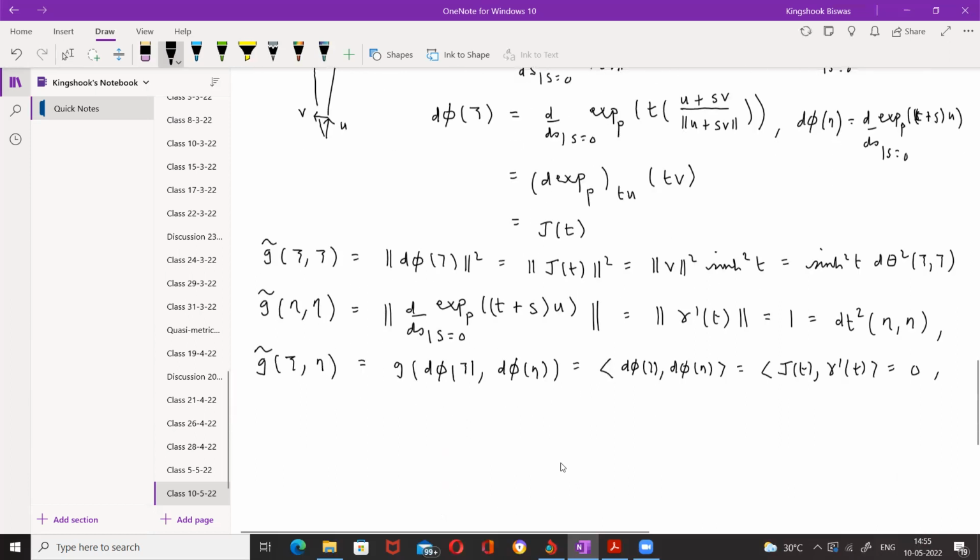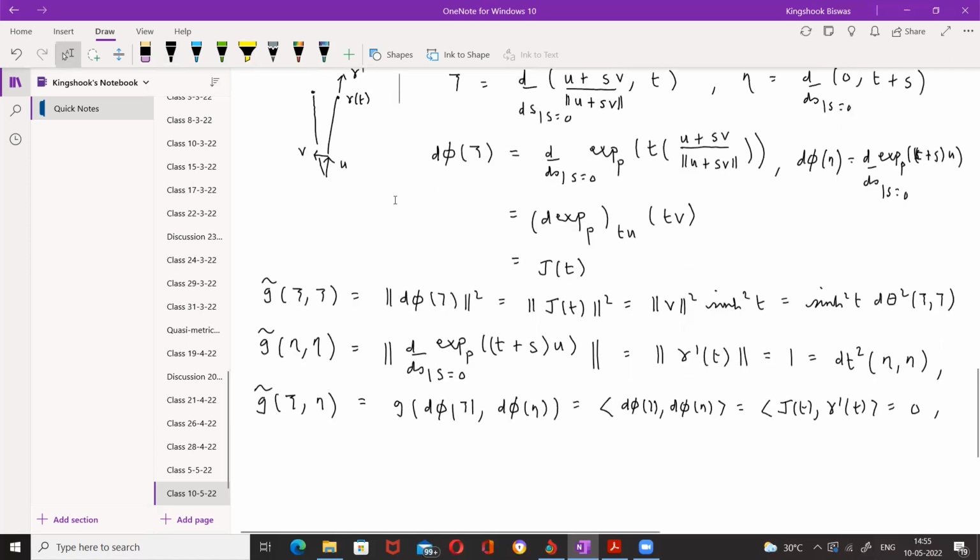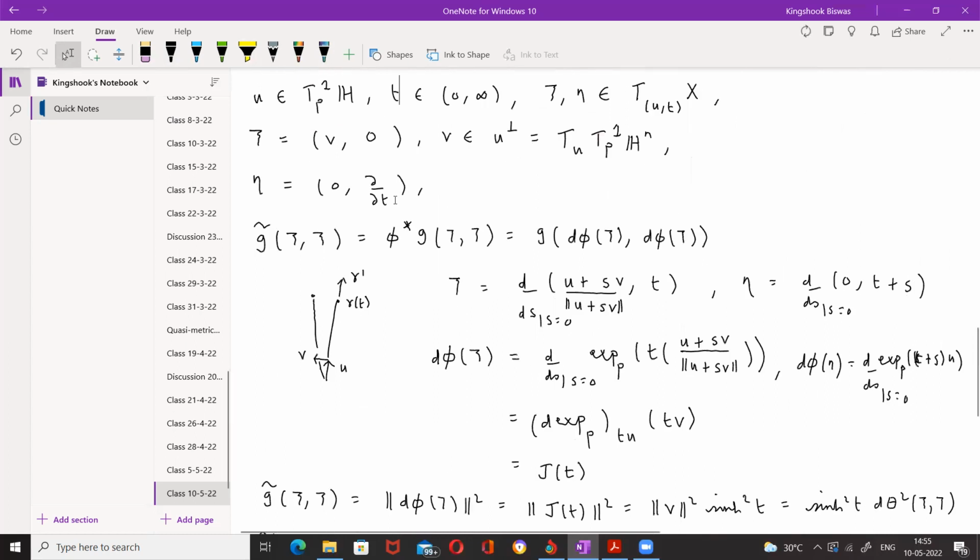So therefore, what do we get? Finally, this implies that any tangent vector can be written as a linear combination of these two, ξ and η. Any tangent vector is of this form.